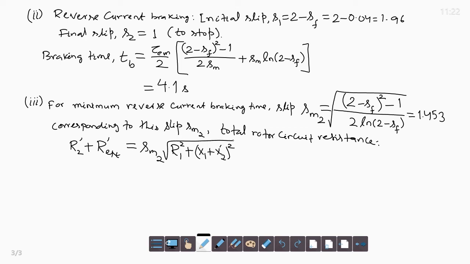R1, x1, x2 dash are given, and Sm2 is determined as 1.453. If you substitute, this comes to 0.88 ohm. So, what is R external dash, the external resistance referred to stator? It is 0.88 minus R2 dash, which is 0.1, so it is 0.78 ohm. This is the required external resistance referred to stator.